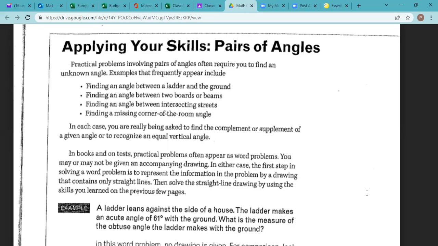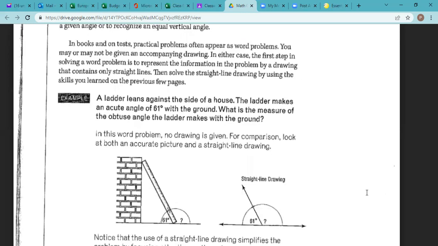So in the book and on the test, practical problems often appear as word problems. You may or may not be given an accompanying drawing. But in either case, the first step in solving a word problem is to represent the information in the problem by a drawing that contains only straight lines.